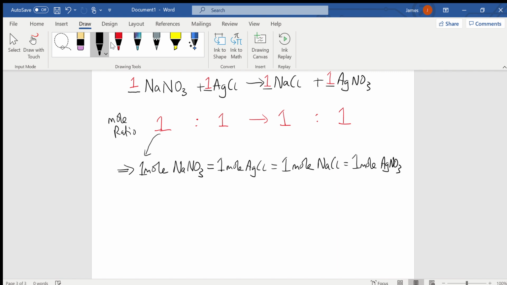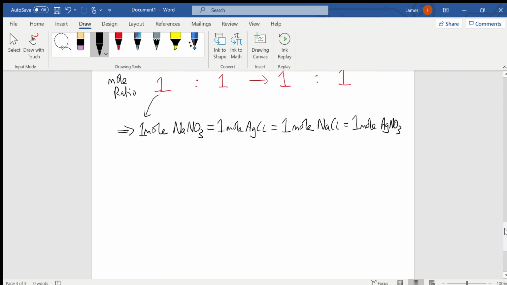That's what it means, and that's what we'd need when we want to do calculations.